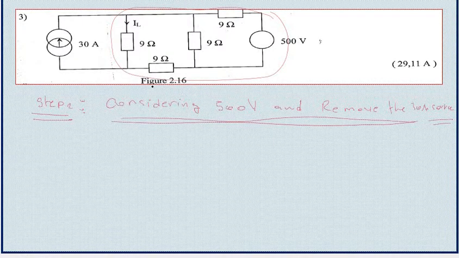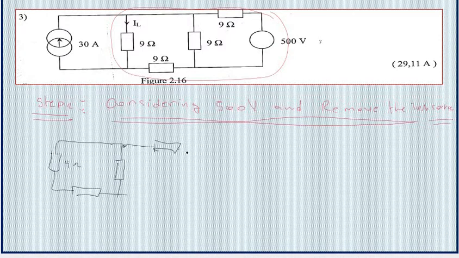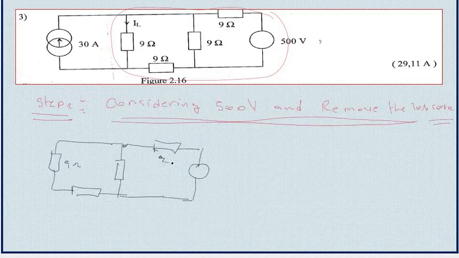So if I redraw it, I'm gonna have my actual circuit. So I have 9 ohm, so I have 9 ohm all over.